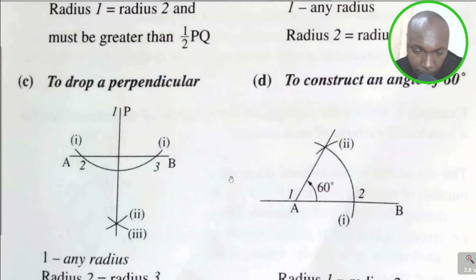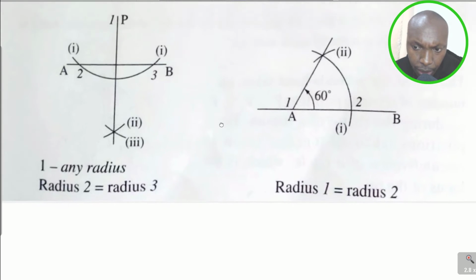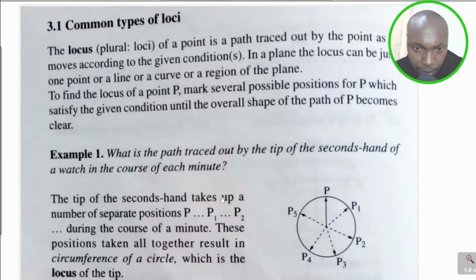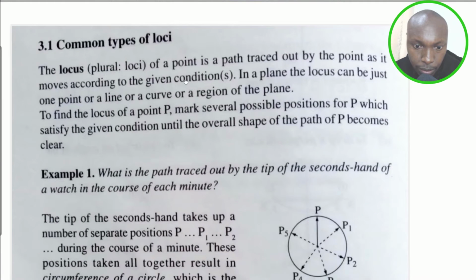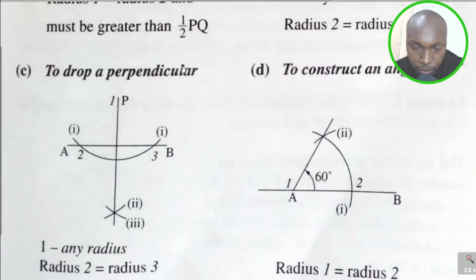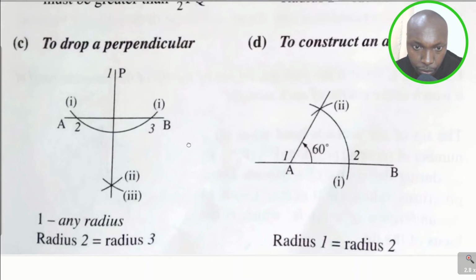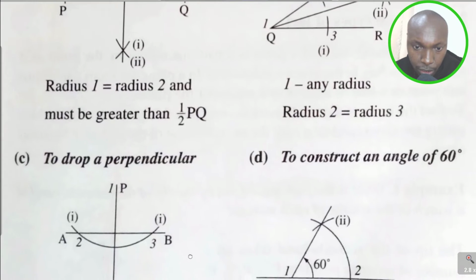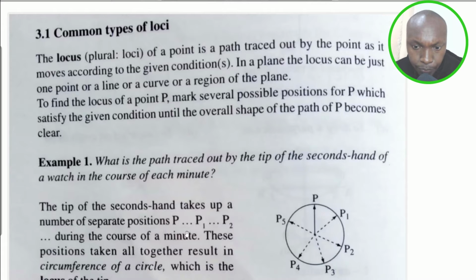So that one is also very important. Now, after looking at those, let me see whether we have something else that we need to know. I think those are the most important things that we require to know for now.